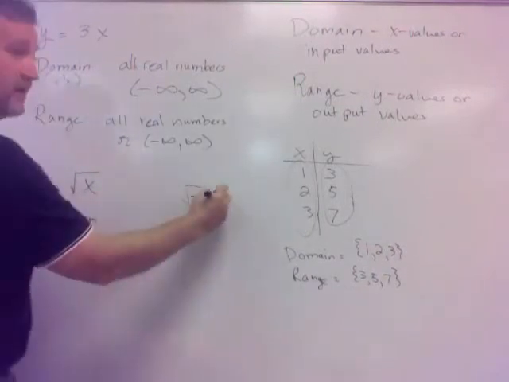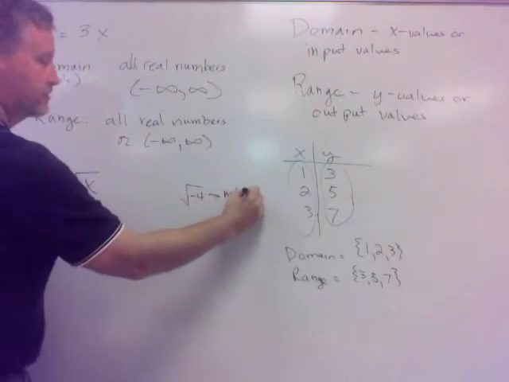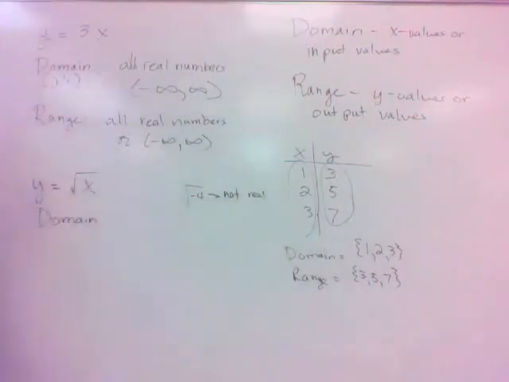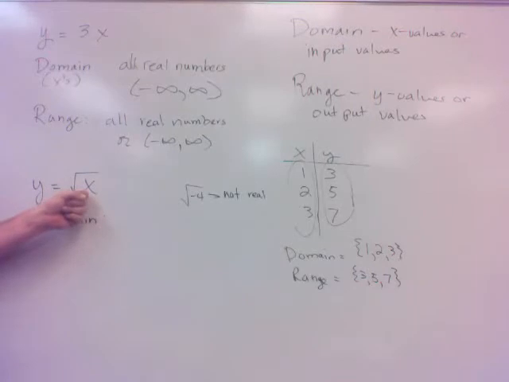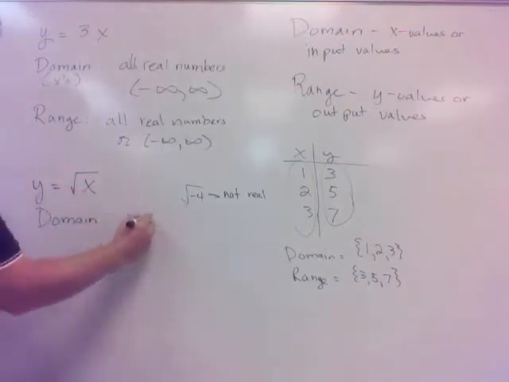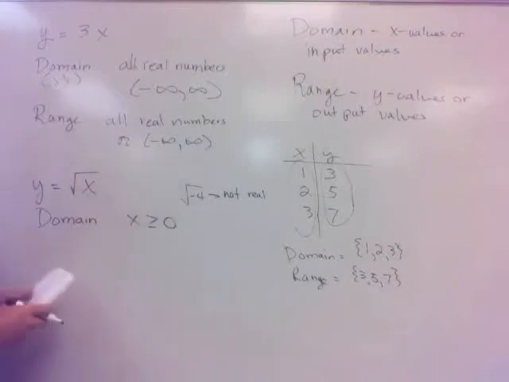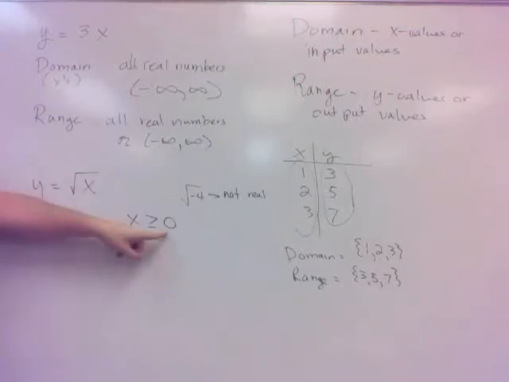It's an i, but that's not a real number. So doesn't x here have to be 0 or greater? It could be 0. You run into problems when you get negative. So x has to be greater than or equal to 0.